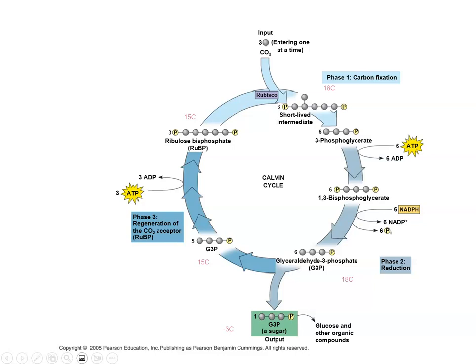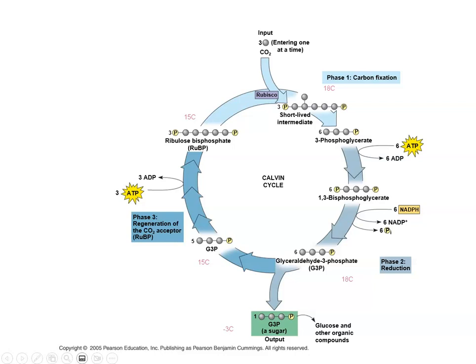Keeping track of the carbons is helpful because it might help you remember where carbons enter and exit the cycle. And something else interesting to notice is that there are 3 carbons coming in the form of CO2, and there are 3 carbons leaving as G3P. So it's balanced out. And the rest of them, the other 15, remain in the cycle.